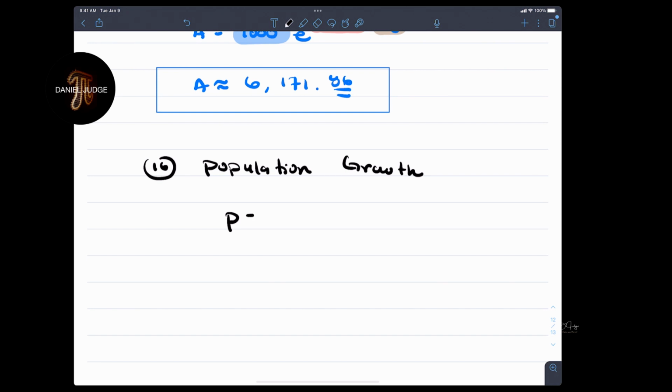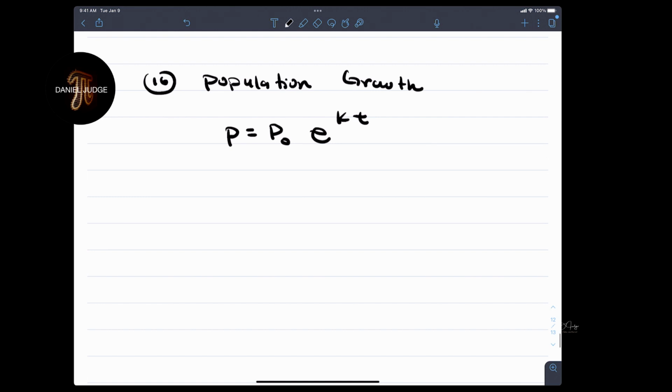That P for population, if you have an initial population, a start population, they'll put e to the kt now. Now you might say, what about r? Well, it's the same thing. It's just when you change the setting, they'll use a different letter for that rate. So k represents that same percent.